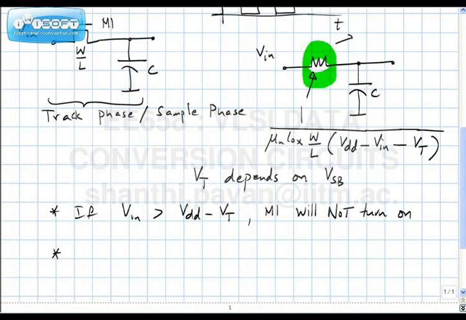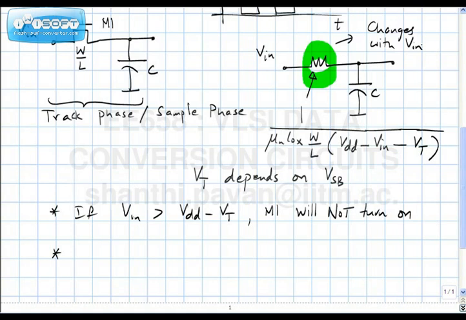Now this resistance changes with Vin. Okay. So can you guys figure out a more fundamental problem? I mean, of course, it is true that if Vin becomes too large, you're screwed completely. Now the question is, if Vin wasn't as large... So what he's finding out is as Vin approaches VDD minus VT, the R becomes very, very large.